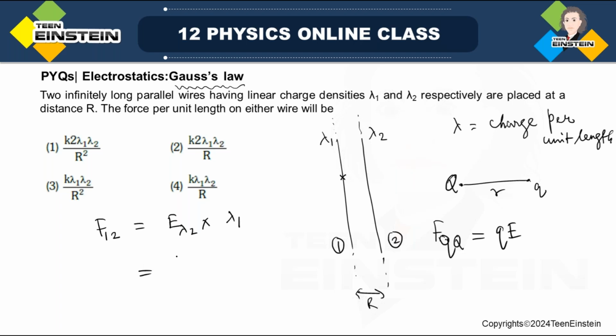Now if I multiply this value, 2K lambda 2 divided by R, into lambda 1, what am I getting? 2K lambda 1 lambda 2 by R. So option 2 is the correct answer for this question.